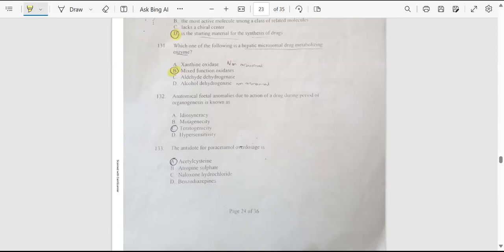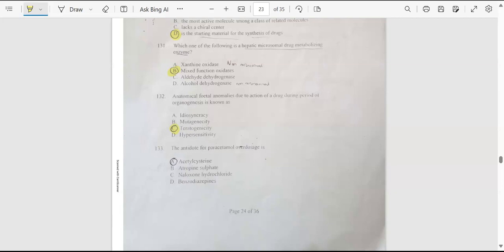Anatomical fetal anomalies due to the action of a drug during the period of organogenesis is known as teratogenicity. We looked at idiosyncrasy yesterday.